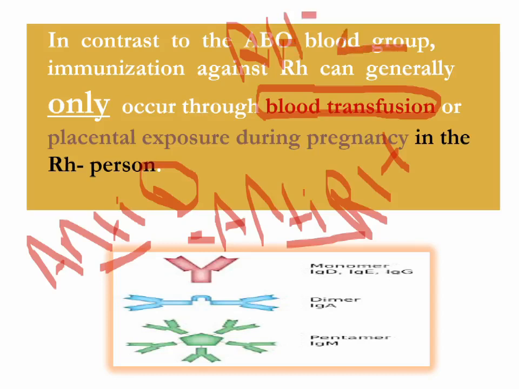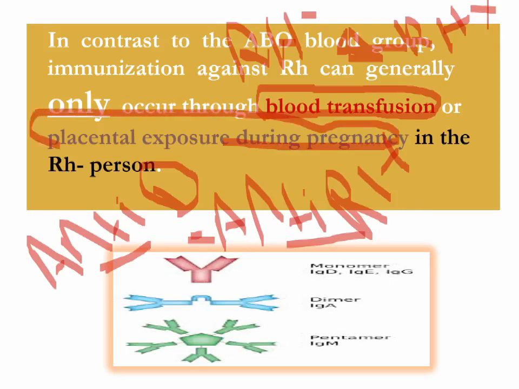So if you got transfused with blood which is Rh positive, your body will start to recognize the D antigens expressed on the red blood cells of the donor. You will start to form anti-D. So here the anti-D are formed when you get introduced to the antigen, either by mistake during blood transfusion or during pregnancy, the placental exposure during pregnancy, and we will understand this more in the next slides.